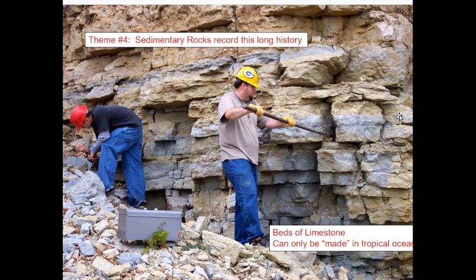So if we go to this quarry again, the same theme, sedimentary rocks record this long history. Here are a couple former students of mine, and they are quarrying, prying out and busting up rocks from the wall here.